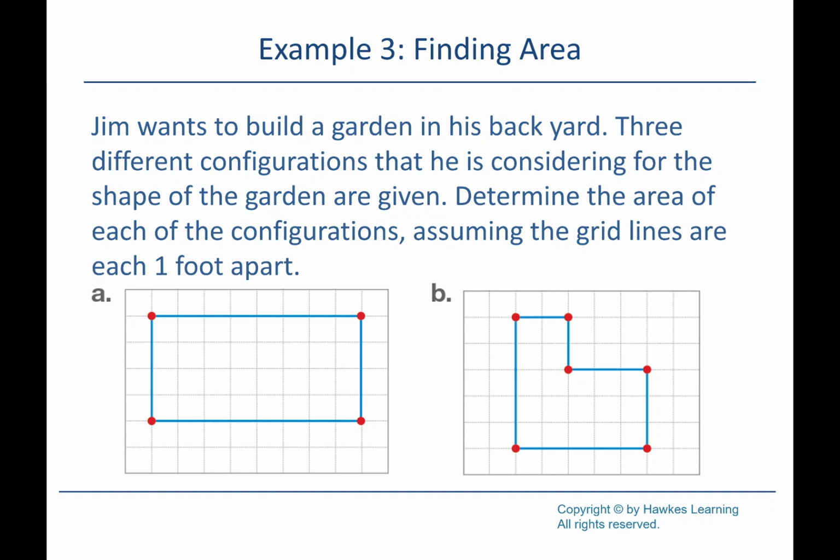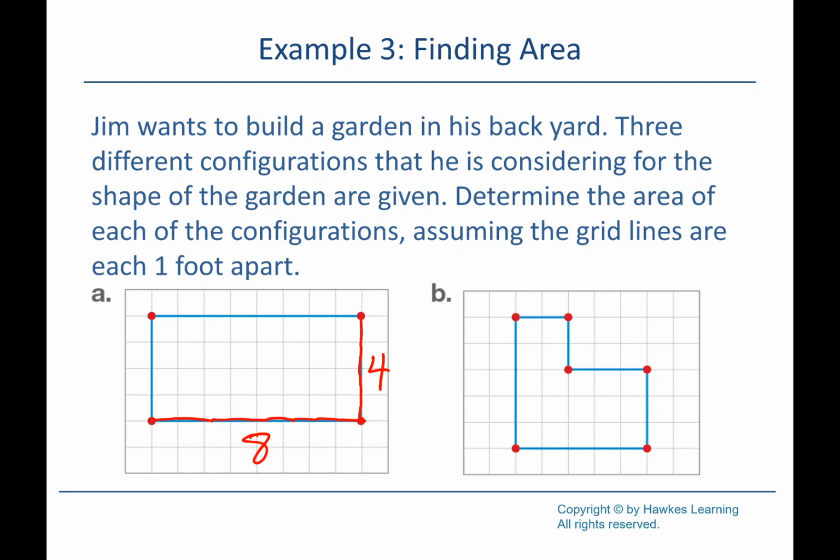So on A, what shape's that? A rectangle, yeah. So we can just do length times width. I'm going to count the bottom side first. It doesn't matter which one you call length, which one you call width. It's 8: 1, 2, 3, 4, 5, 6, 7, 8. And then the height is 1, 2, 3, 4.